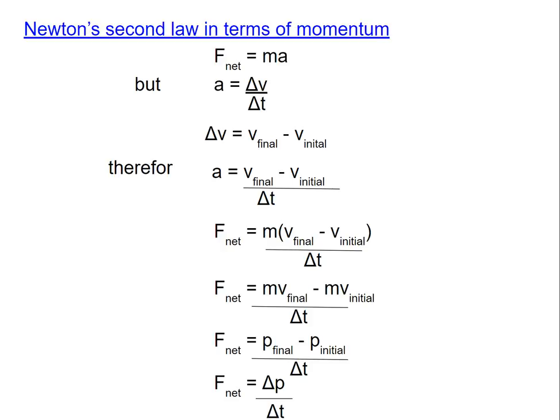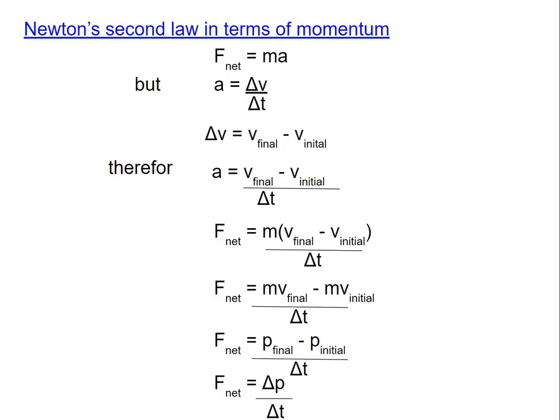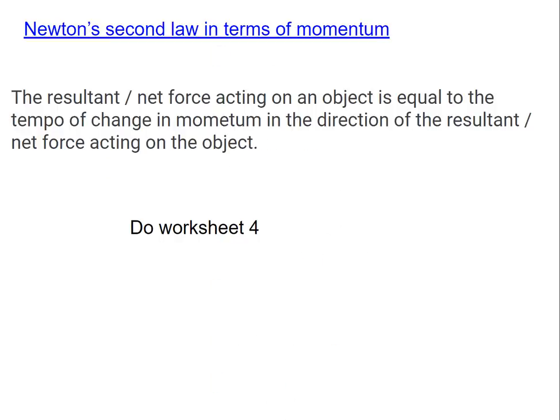I repeat again, change in time, the proper scientific language to state that is to call it a tempo. So if I take this final equation and put that into words for Newton's second law in terms of momentum, it would read as follows.